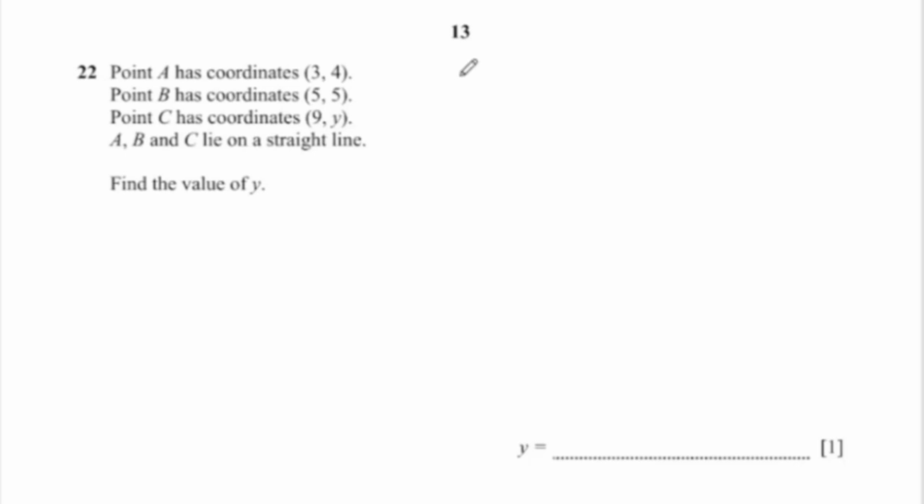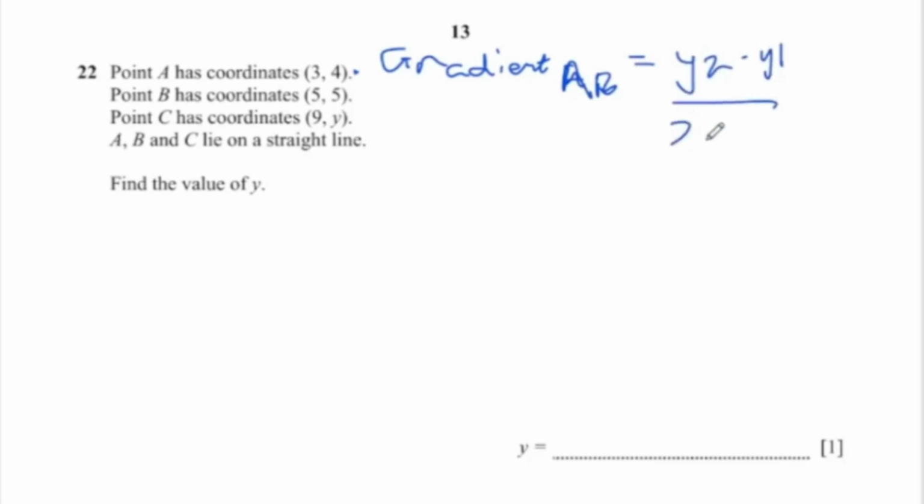Okay, now for the gradient, this is point A, this is point B. So for the gradient of AB, that gradient will be the change in y, which is y2 minus y1, divided by the change in x, that's x2 minus x1. Good.